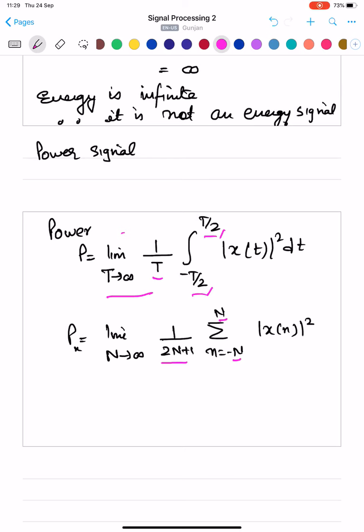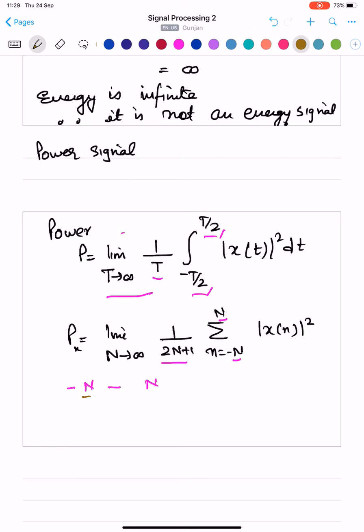So the total number of points here are from minus N to N. Generally people will think that minus N to N means 2N terms, and that you have to write 2N here.